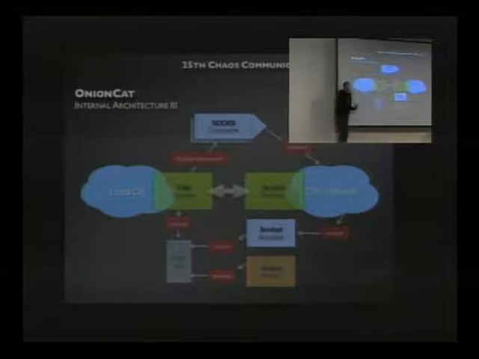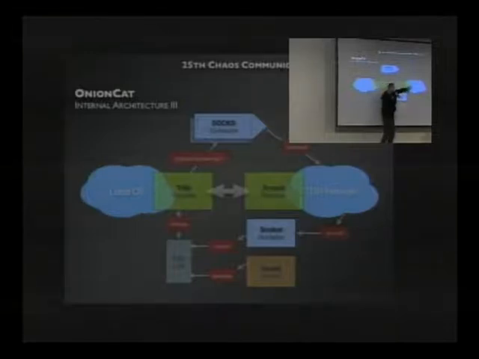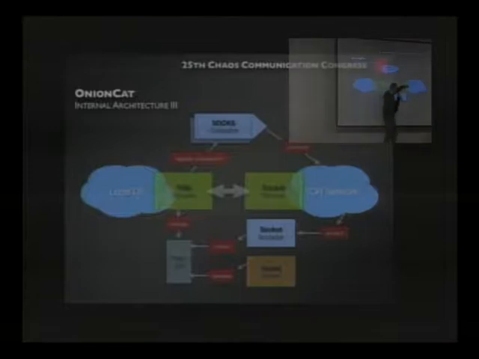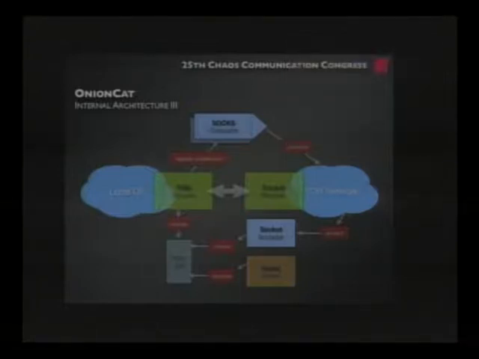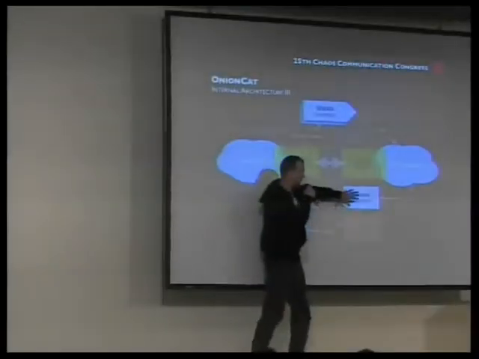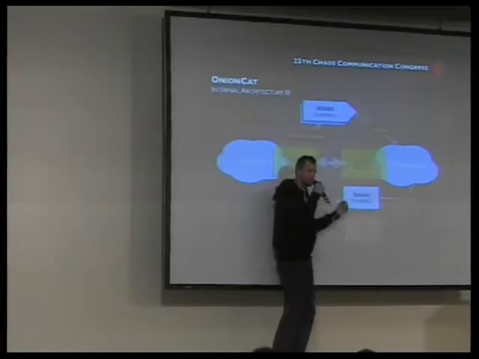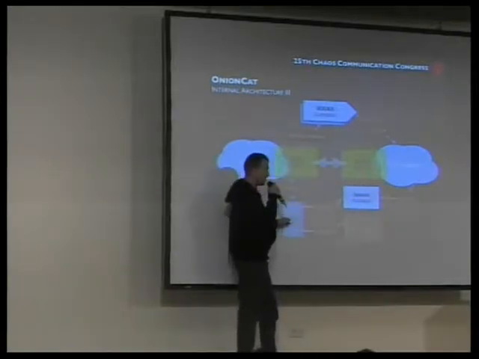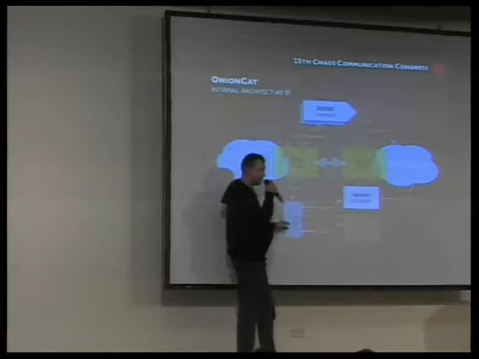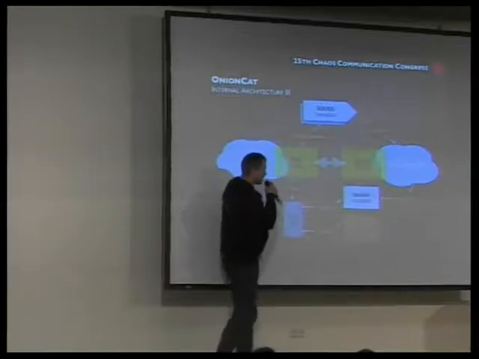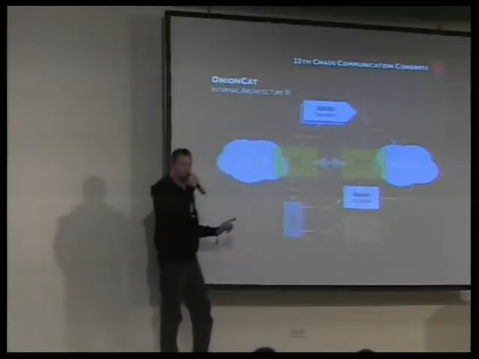On the other end, more or less the same thing happens. There is a socket acceptor. It's listening on the hidden service's real port here, of course. If a connection from someone else comes in, Tor forwards it to the listening port here. The socket acceptor accepts this and enters the IP address in the peer list. There is a little problem here, because we do not know the IP address of the other end.